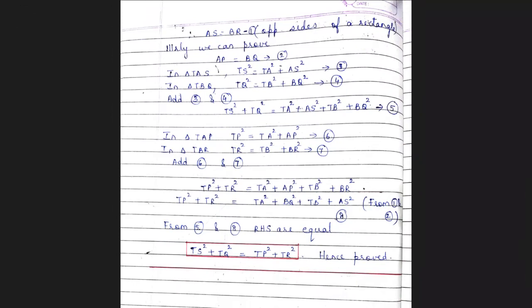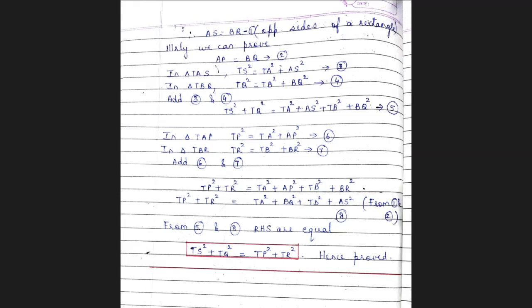So, adding 6 and 7, you have got TA square plus AP square plus TB square plus BR square. Now instead of BR square, I am replacing it with AS square. Look at equation 1, children. AS is equal to BR. So instead of BR square, I'll substitute it as AS square.